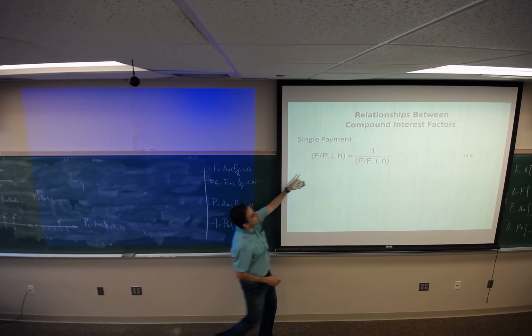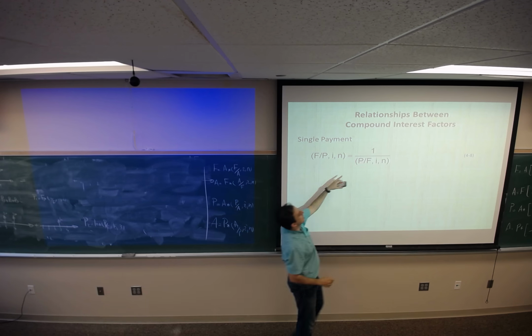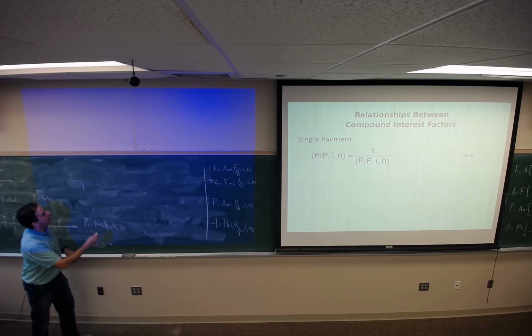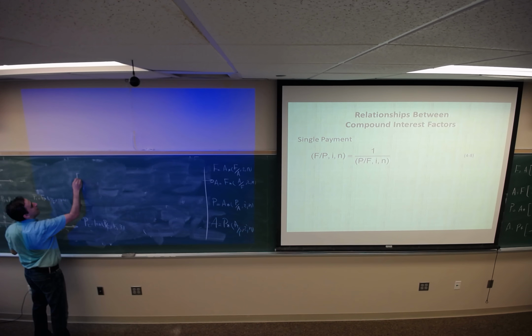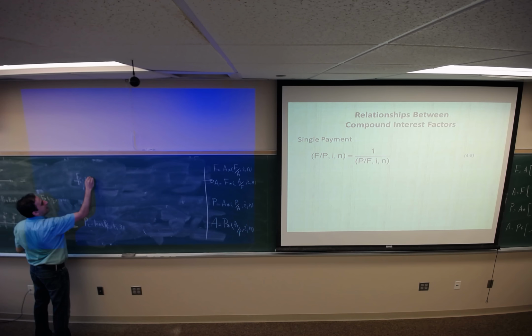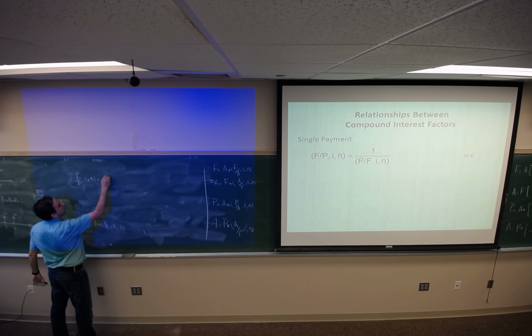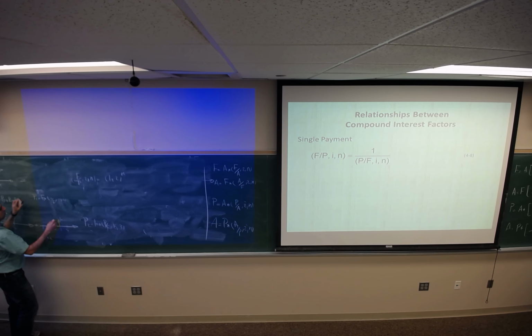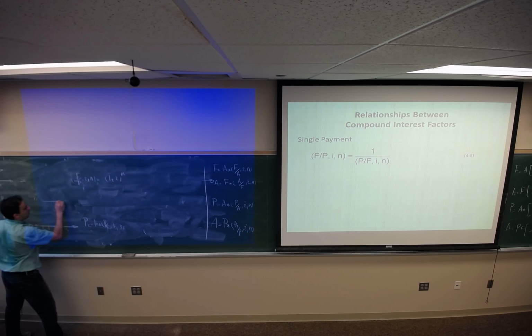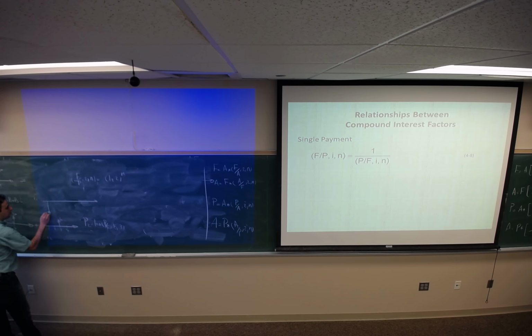F over P I N is going to be 1 over P over F I N. You remember F over P I N is going to be 1 plus I power N. P is given.